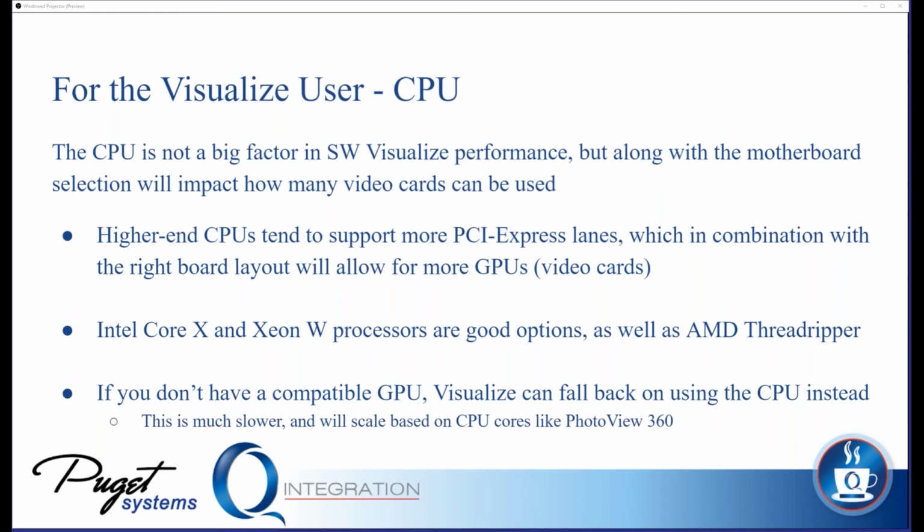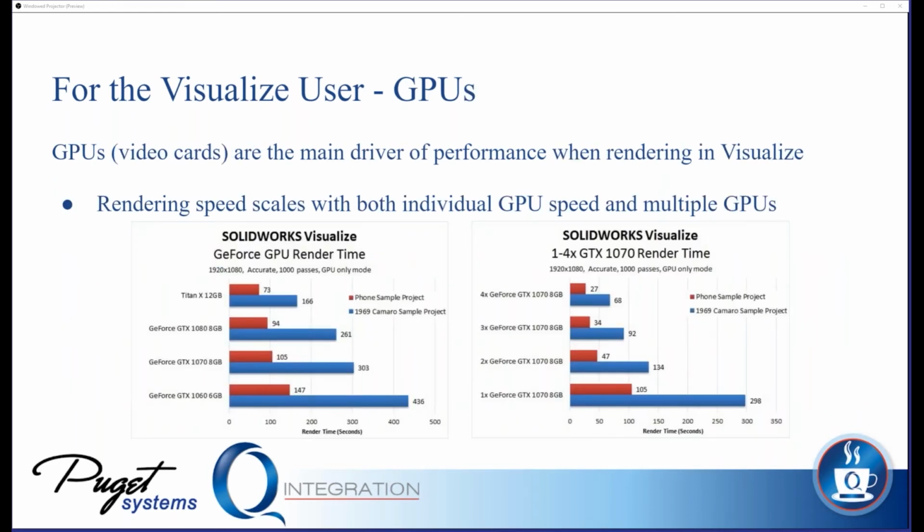And again, if you don't have a compatible GPU for whatever reason, Visualize will fall back on using the CPU, but that's going to be a lot slower and just scale based on the core count, kind of like PhotoView 360 that I mentioned earlier. So assuming you're going down the GPU route with Visualize, the main driver of performance is just going to be the video cards, and it scales performance up with both the speed of the individual card and the number of cards.